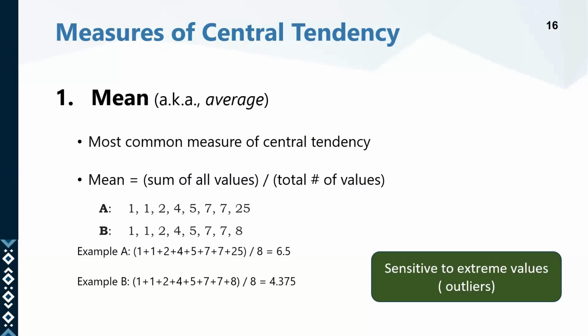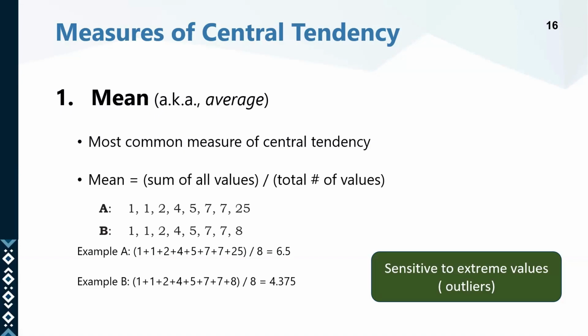For example A, the mean is 6.5, and for example B, we have 4.375.